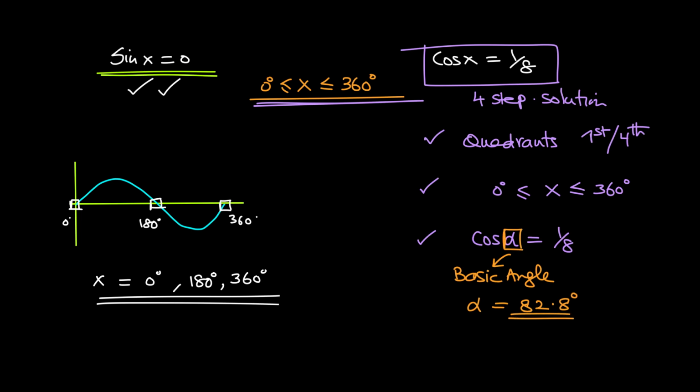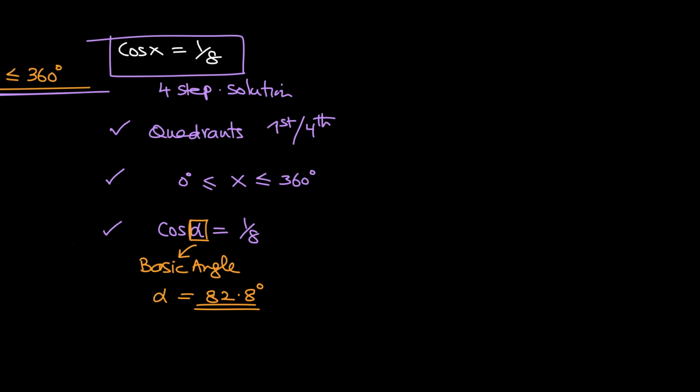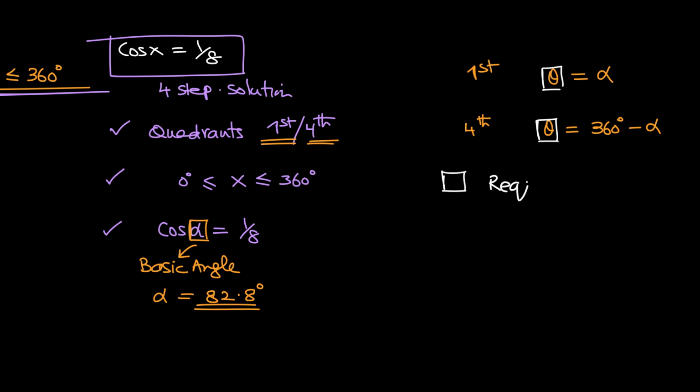Now, what are we interested in? We are interested in the quadrants, and we know that in the first quadrant, the required angle is the basic angle. In the fourth quadrant, the required angle is 360 degrees minus the basic angle. The symbol that we use for required angle is theta, but the question in this example has the variable x.